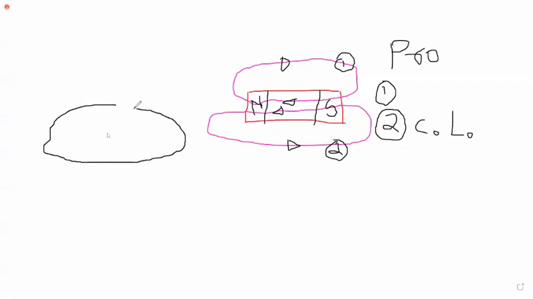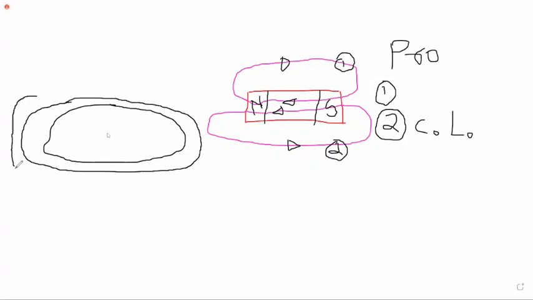This is a single line of field or line of flux. This is a magnetic flux. This is a second magnetic flux like this. They are completing their loops like this. Magnetic field lines are in the form of closed loops.